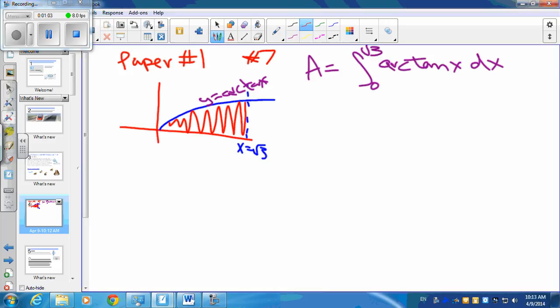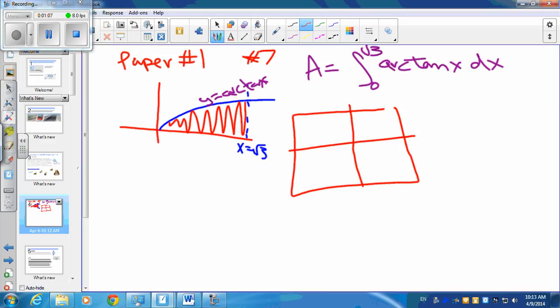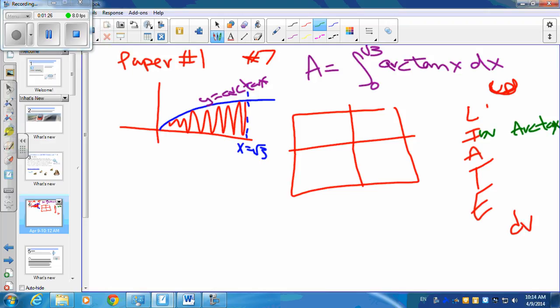This technique to evaluate is going to be by parts because if you do LIATE, up is u and dv is down. I would say that what you're looking at, arctangent, that's an inverse trig function. What's dx going to be?